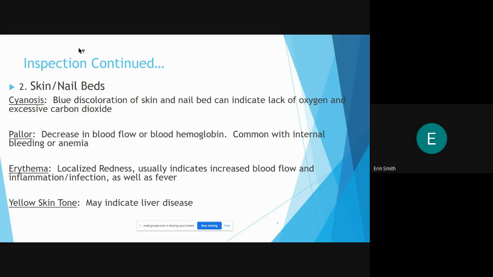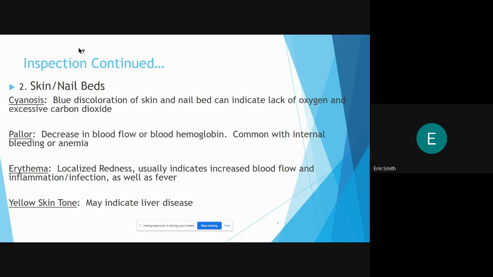Erythema is localized redness, so it usually indicates increased blood flow. Usually when we see redness, it's because there's some inflammation or an infection going on. And we tend to see this with someone who has a fever as well, especially in their face. I can always tell when one of my kids has a fever because they get those red cheeks, and sometimes it goes onto their nose and their forehead, but usually it's in their cheeks that I can tell, uh-oh, something's not right.